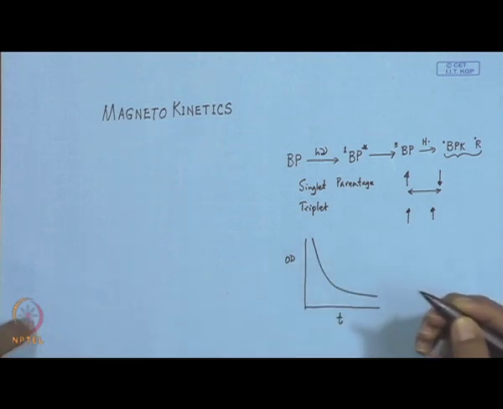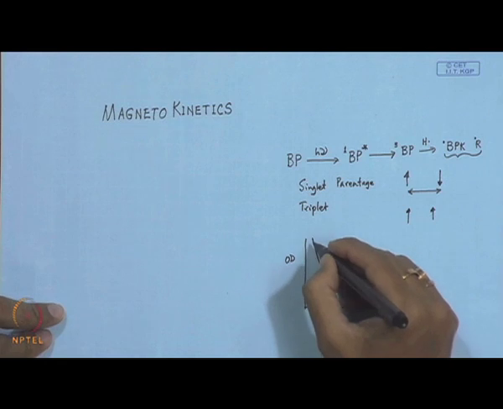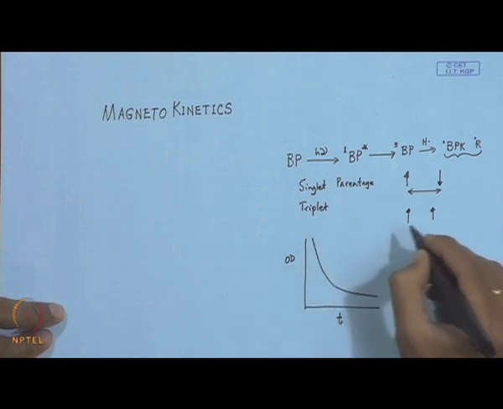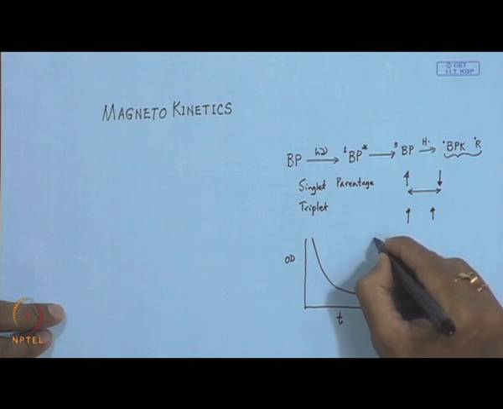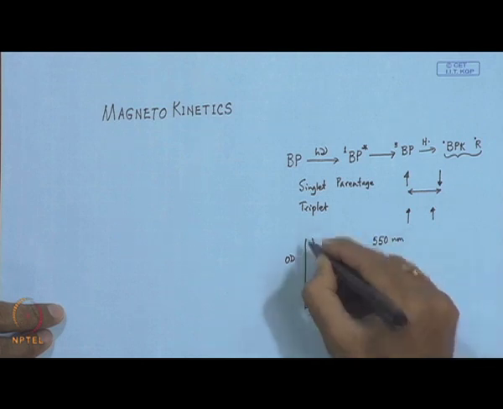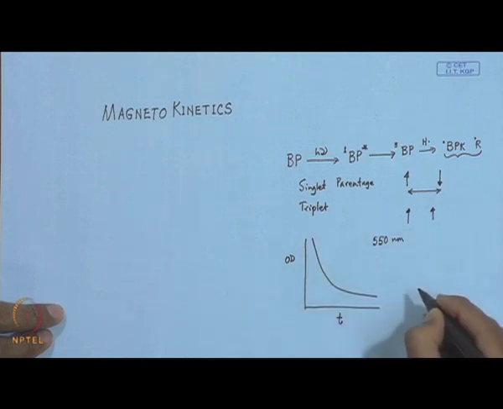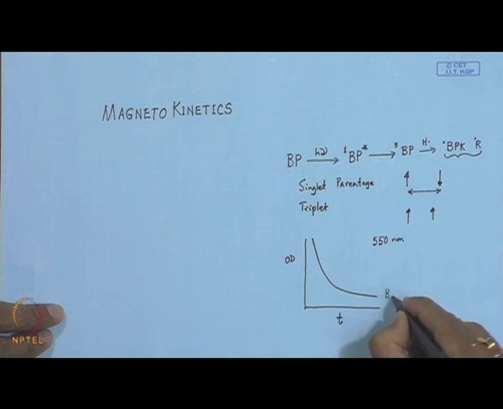If you monitor your signal at say 550 nanometer, then you will get a decay of this sort, in the presence of external magnetic field B equal to 0.